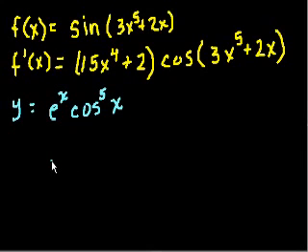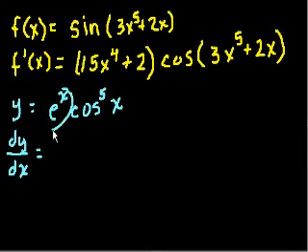Let's see if we can break it down using the product and the chain rules. We want to figure out dy dx, the rate at which y changes relative to x, or the derivative. Apply the derivative to both sides. We're going to have to use the chain and the product rules. So first, we take the derivative of this first term.